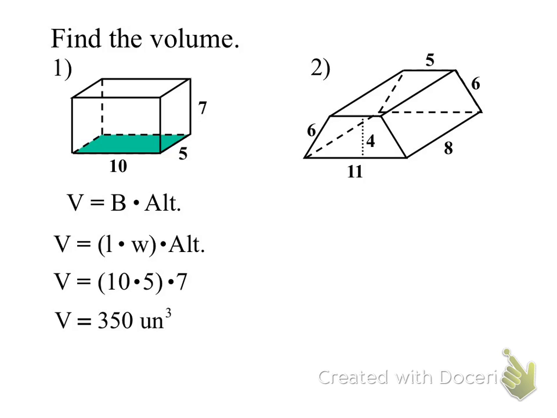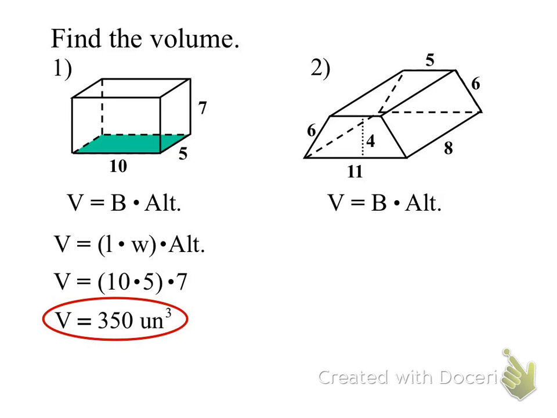Next one, number 2. General formula, please. Somebody I haven't heard from. Aiden? Volume equals base area times altitude. Right, base area times altitude. Now, what shape is the base? Somebody I haven't heard from. Sarah. It's a trapezoid base.